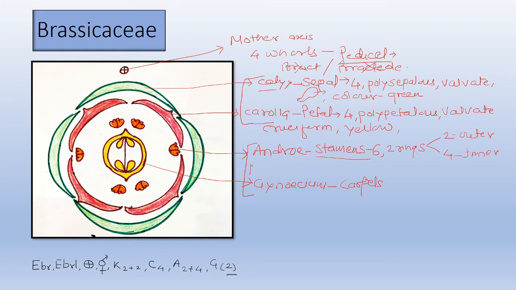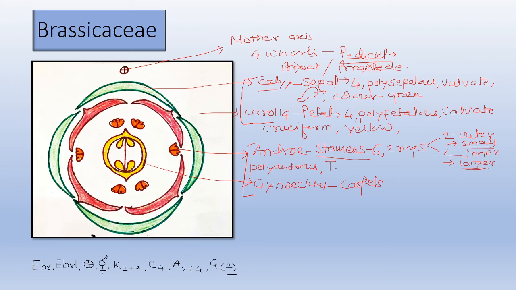If they are free from one another, as in this case, we call that condition polyandrous. And as the stamens are present in 2 rings, 2 outer and 4 inner, the outer ones are smaller in size and the inner ones are larger, having long stamens, while these have short stamens, so their heights are different.